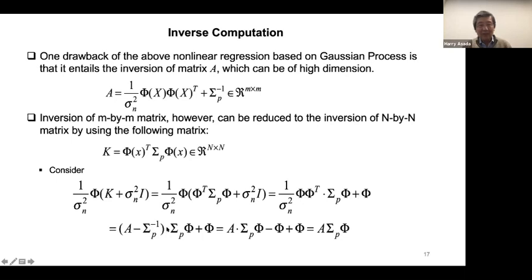Then, again distributing this one in here and here, you get the A Sigma_p Phi. From here, Sigma_p inverse and Sigma_p cancel out, leaving only Phi, and then you put in this Phi, so these two cancel out. At the end, we have A Sigma_p Phi. So this expression turns out to be this guy.